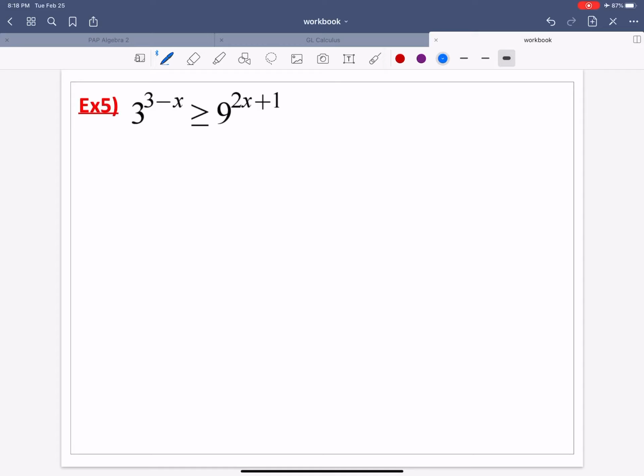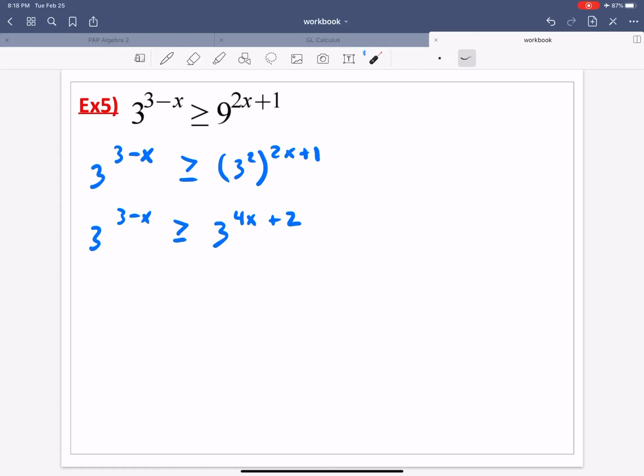So here's what we're going to do. We are going to get these bases to be the same. So base 3 and base 9 should be at this point. It's one of the easier ones we've seen today. We're going to leave the 3 the same because we can change 9 to base 3 by changing it to 3 squared. And that's still 2x plus 1. So I'm going to leave the left-hand side just the way it is. And I'm going to change the right-hand side to 3 to the 4x plus 2.